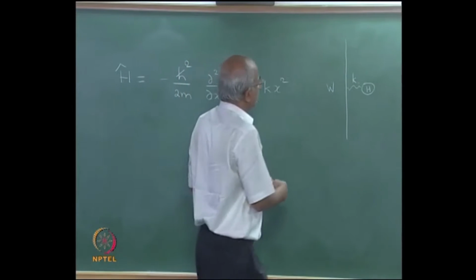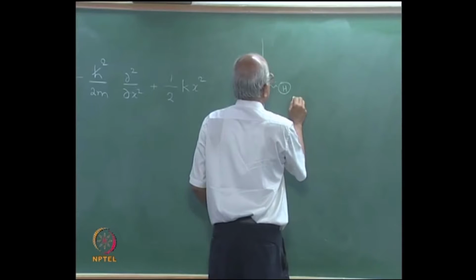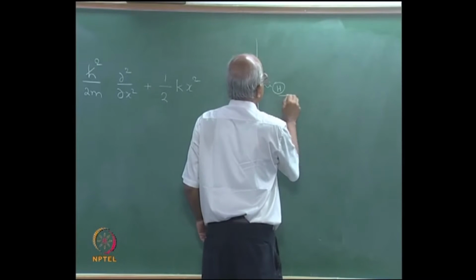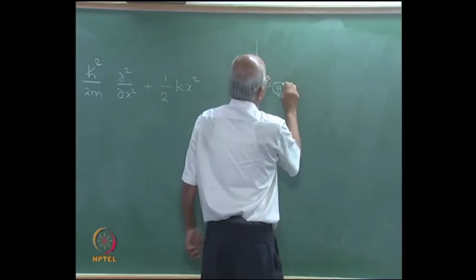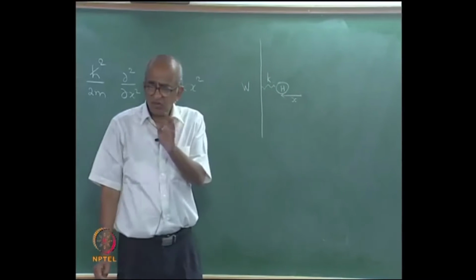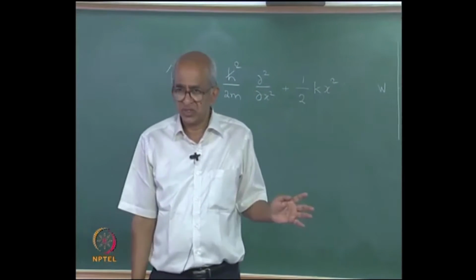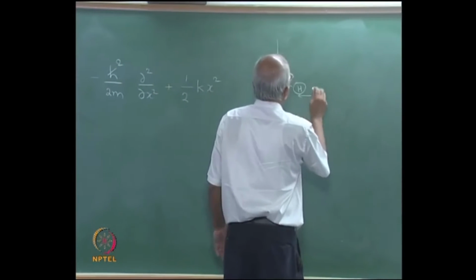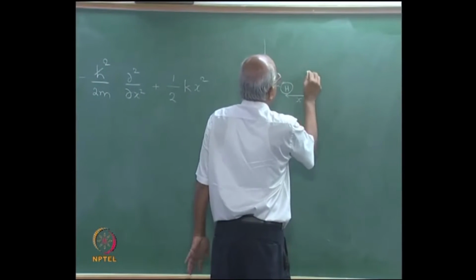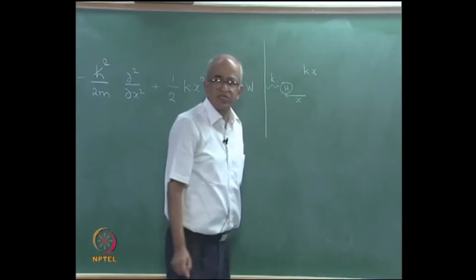If you displace this hydrogen atom from its equilibrium position by a distance x, then the bond is going to be stretched and there will be a force trying to restore it back to the equilibrium position, and the restoring force will be proportional to x, with magnitude equal to k times x.